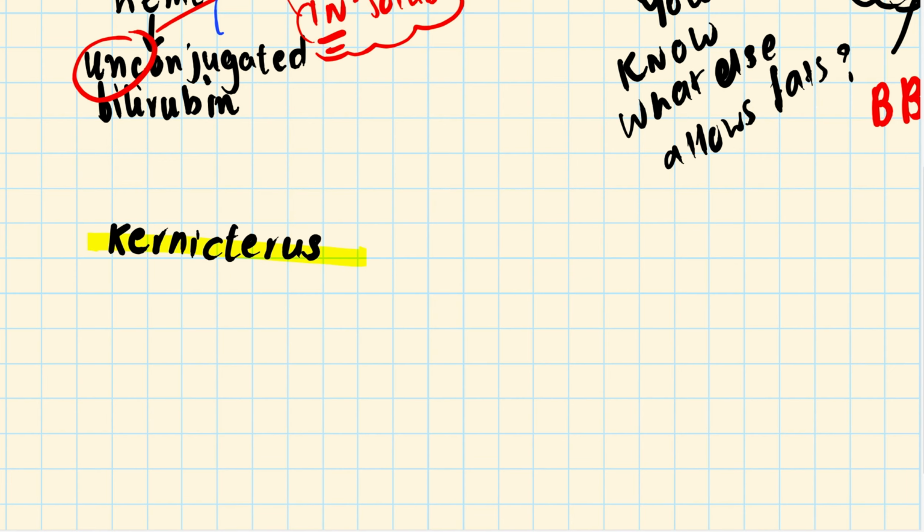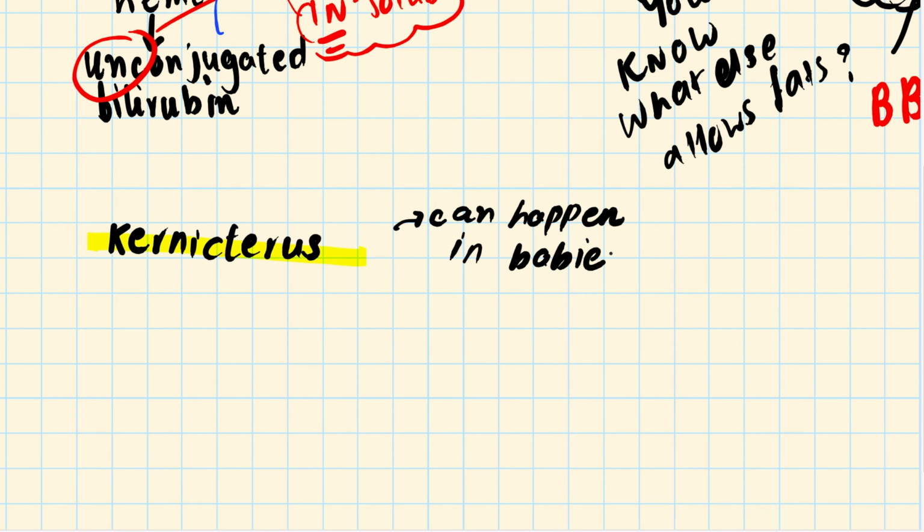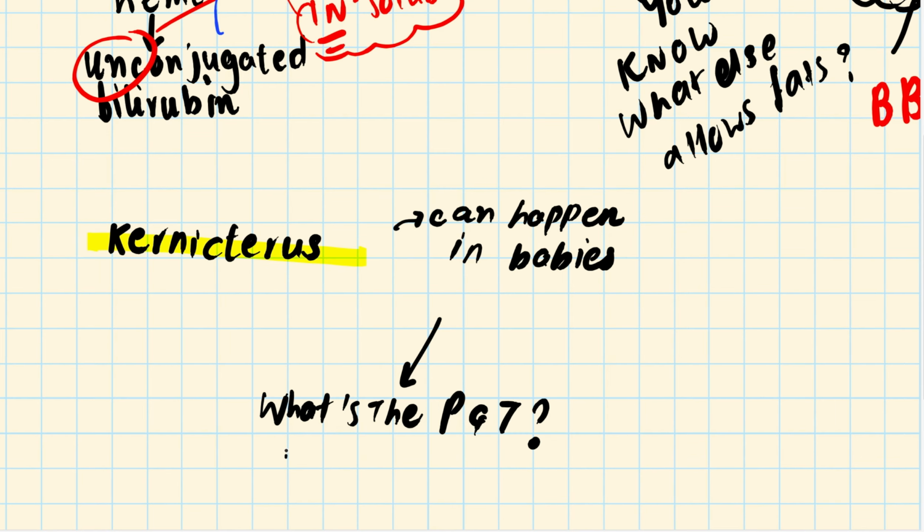Kernicterus is when elevated levels of bilirubin, classically present in the infant or baby, get that elevated unconjugated bilirubin passing the blood-brain barrier and causing altered mental functioning. It literally affects neuronal metabolism, okay?